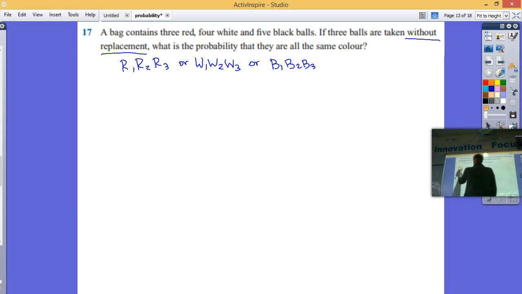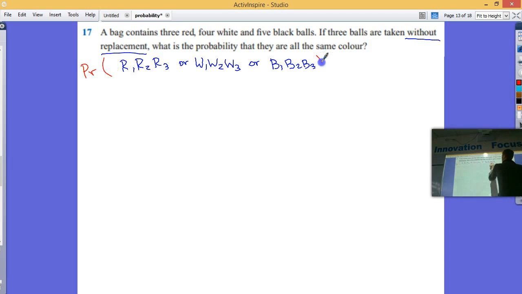Well, the first one, if I'm taking the probability of all this together, then as you can see I've got some intersection of events there, or pertains to the union. So where I have the union of events, I am in a sense using my addition rule, adding them all up.